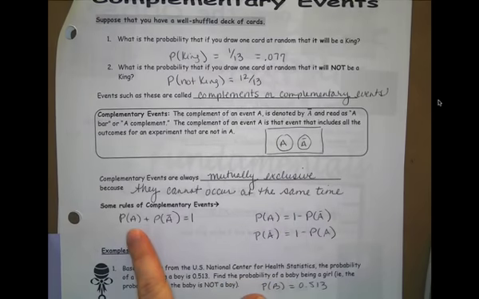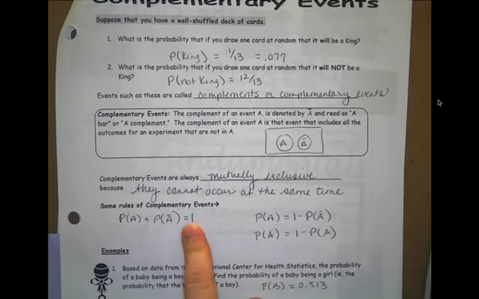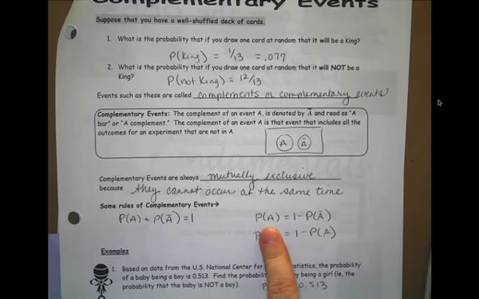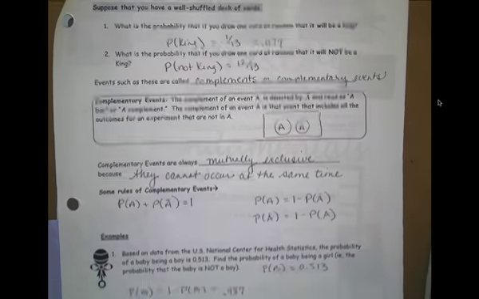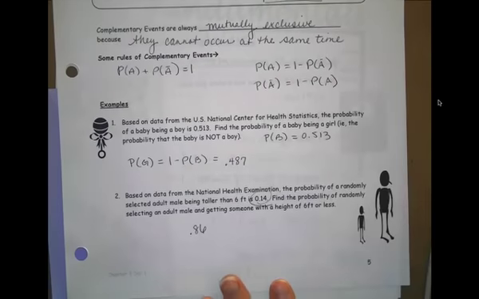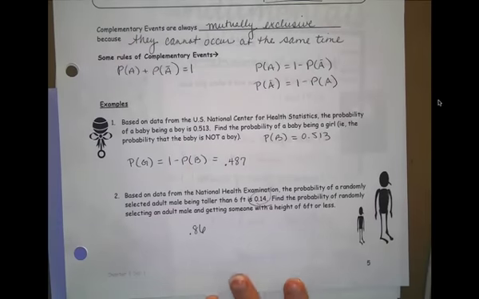The formula was there: the probability of A plus the probability of A complement is supposed to be equal to 1. Using some algebra, the probability of A is equal to 1 minus the probability of A complement, or the probability of A complement is equal to 1 minus the probability of A. So I can rearrange that. There are 2 examples here, which you may have done, and those are the answers for those ones.